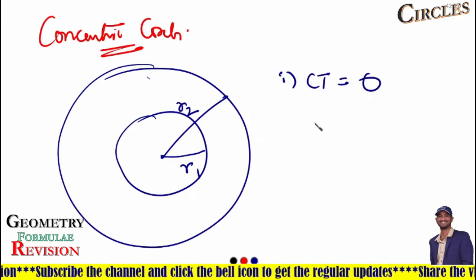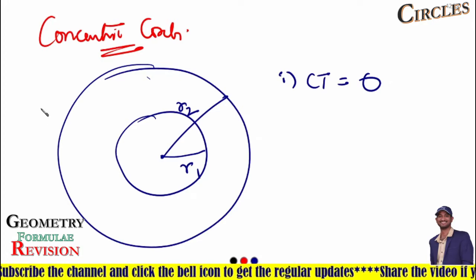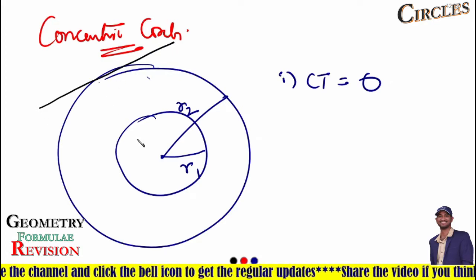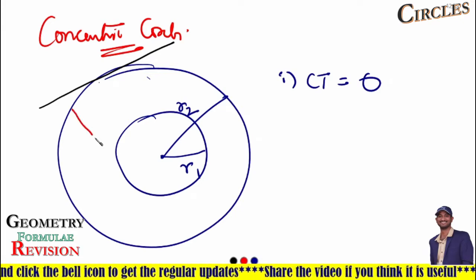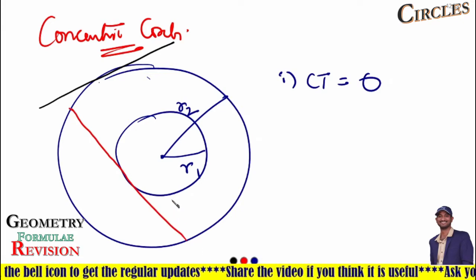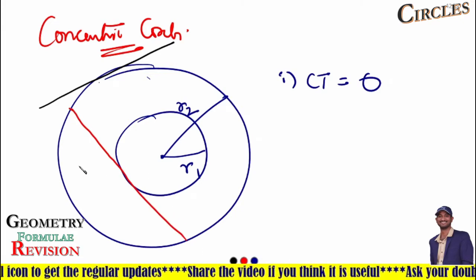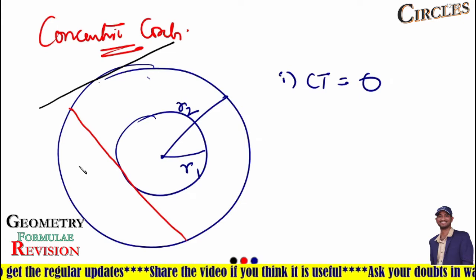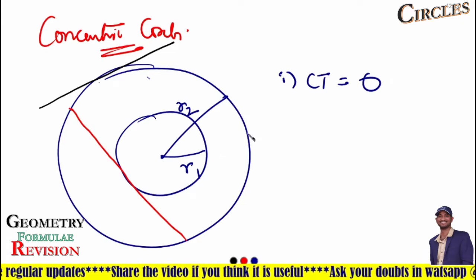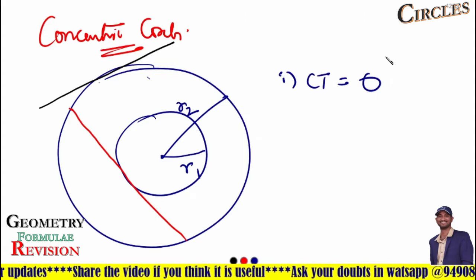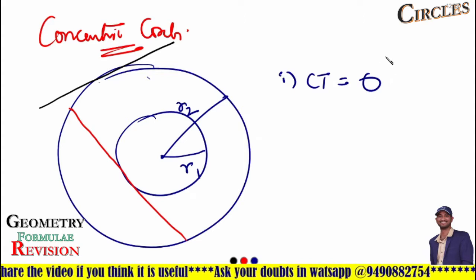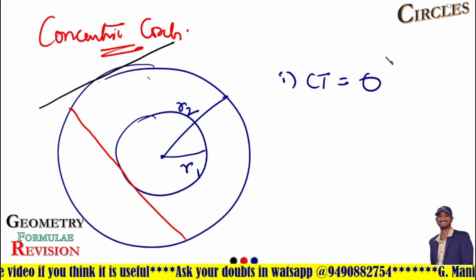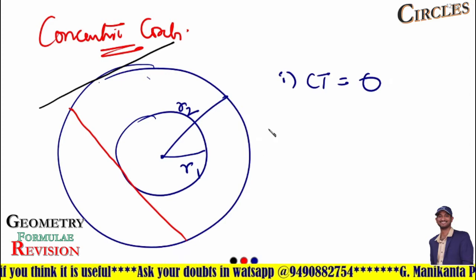Because if I draw a tangent to the outer circle, it is not a tangent to the inner circle. If I draw a tangent to the inner circle, it becomes a chord of the outer circle. So the number of common tangents is 0. If common tangents is 0, we need not discuss anything about direct and transverse common tangents.